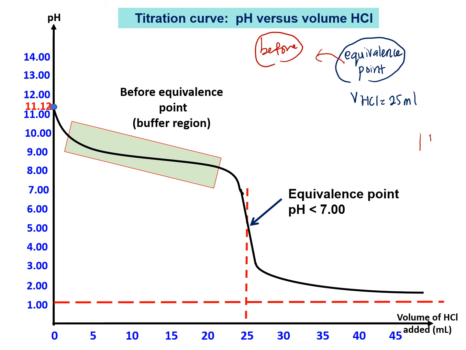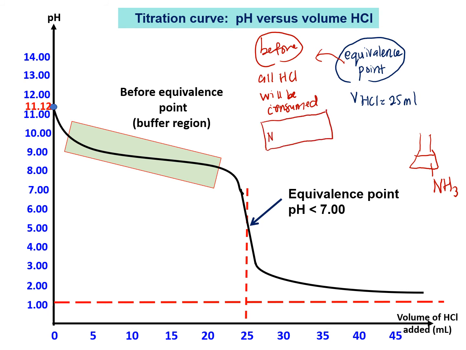Kan kita masukkan dekat dalam kita punya conical flask. Dalam conical flask ni asalnya ada base kita adalah NH3. Okay, jadi before equivalent point, all HCl will be consumed. So, bila all HCl consumed, yang akan tinggal dekat dalam ni adalah mixture of NH3.